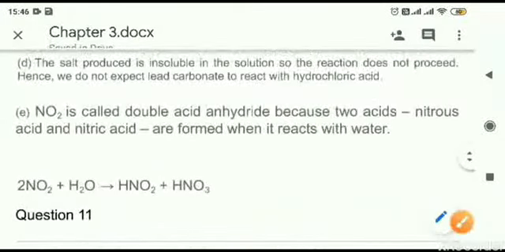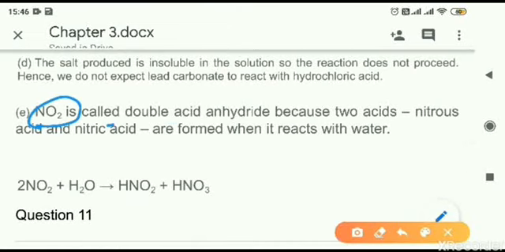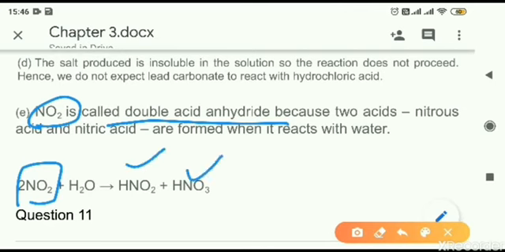Nitrogen dioxide is a double acid anhydride because when we dissolve it in water, we get two different acids, a mixture of acids: HNO2, that is nitrous acid, and HNO3, that is nitric acid. That is why it is called a double acid anhydride, or a mixed acid anhydride. So that is the answer to this question.